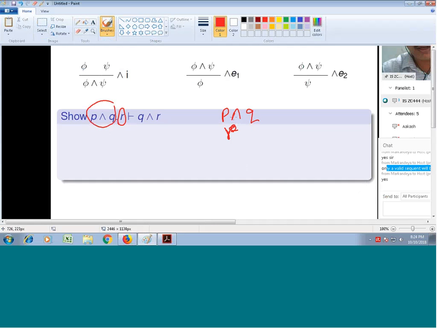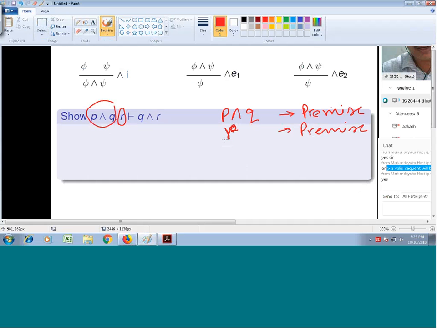Yes, this is a kind of derivation or proof. P and Q, what is this? This is a premise. Something is given to me. R is again a premise. This is again given to me.